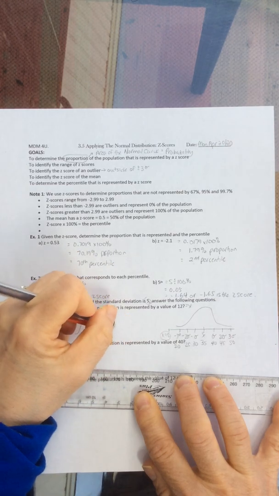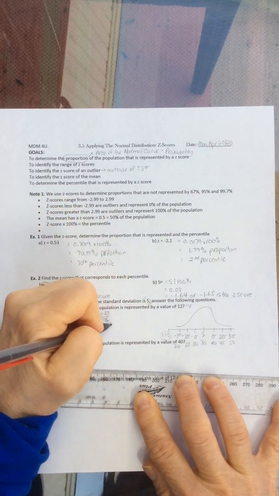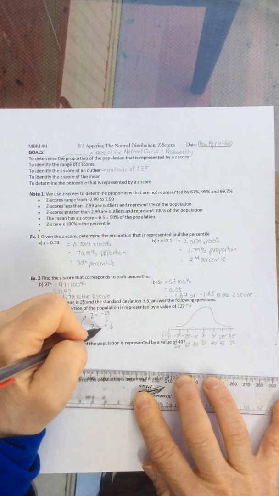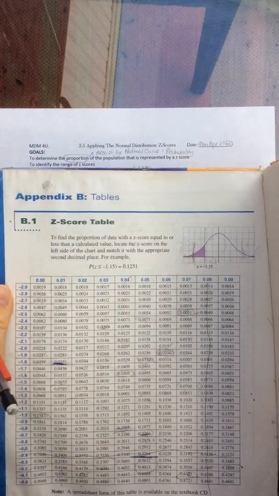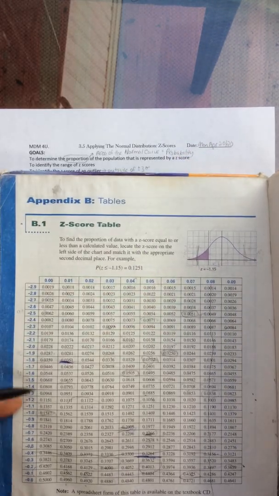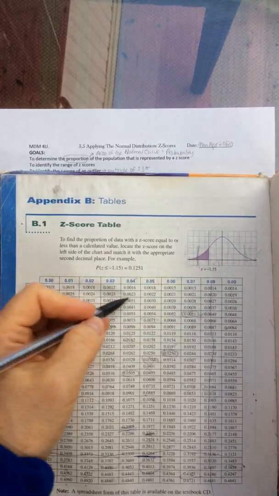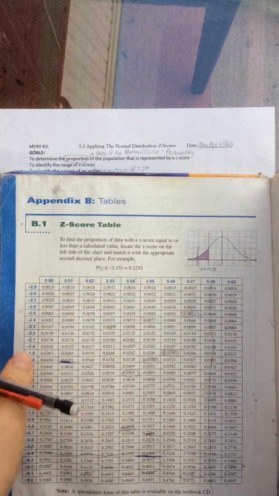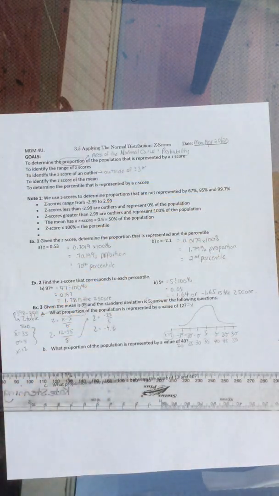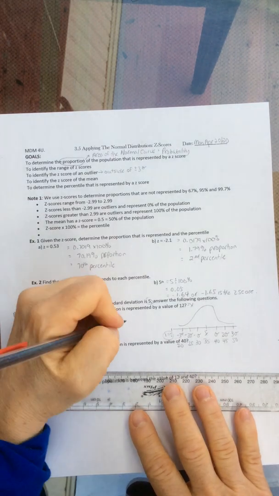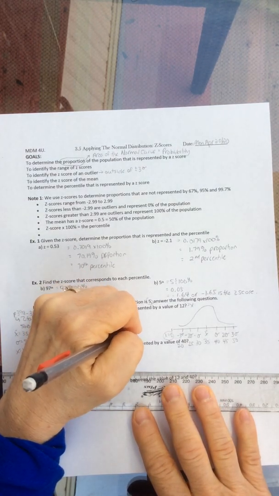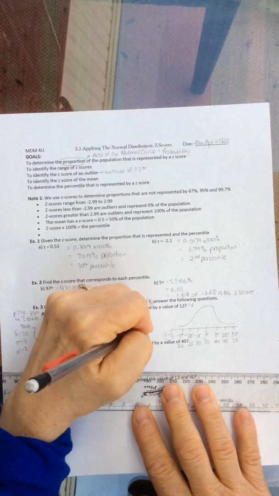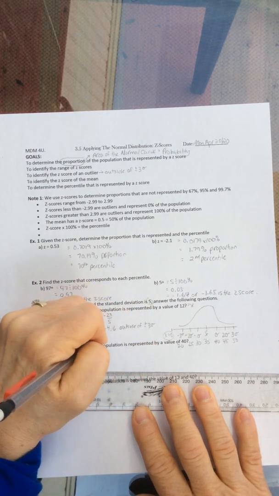That Z-score is outside of anything that we could have possibly used, because we only go to a Z-score of negative 2.99. So it's outside of plus or minus 3 standard deviations.